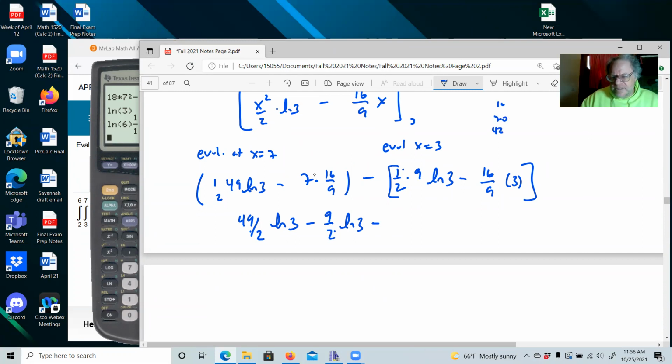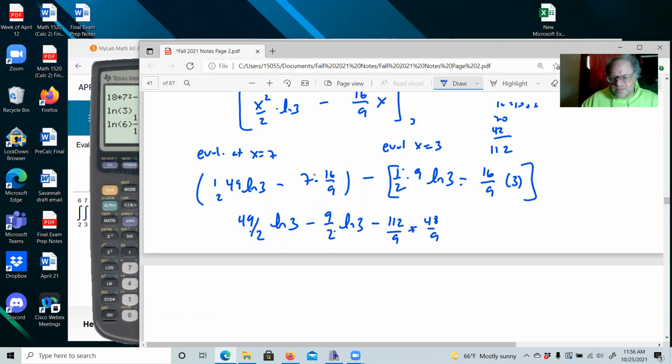So 16 is 10 plus 6. So 70, 7 times 10. And then 6 is 42. So that's what, 112. So this is 112 over 9 minus 16 times 3. That's 48. 48 over 9. But minus a minus makes a plus.